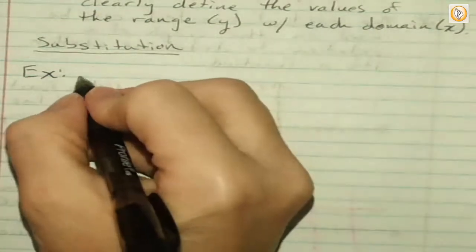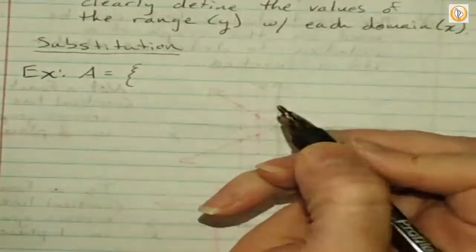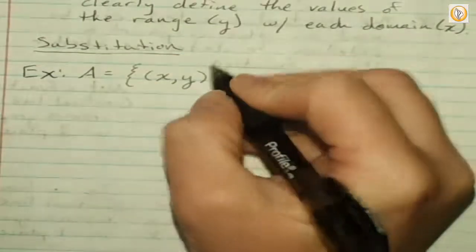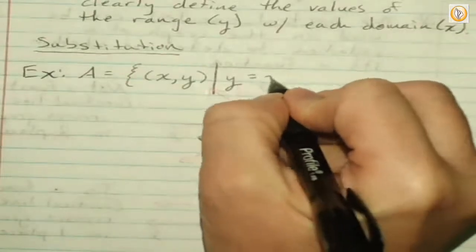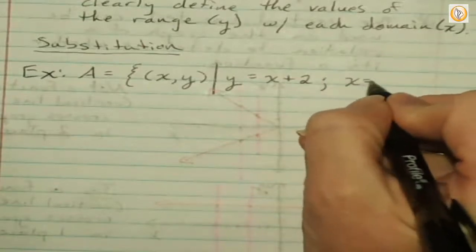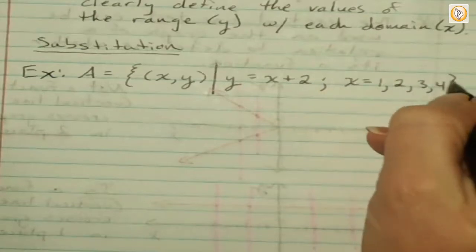So let's say A is going to equal, here's my funny little ordered pair, X and Y, straight line going down, Y equals X plus 2, semicolon, X equals 1, 2, 3, 4.